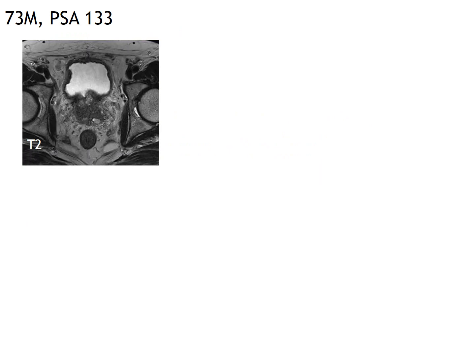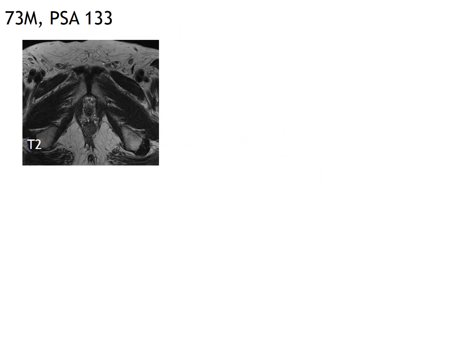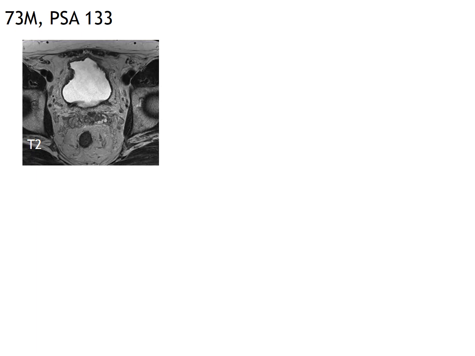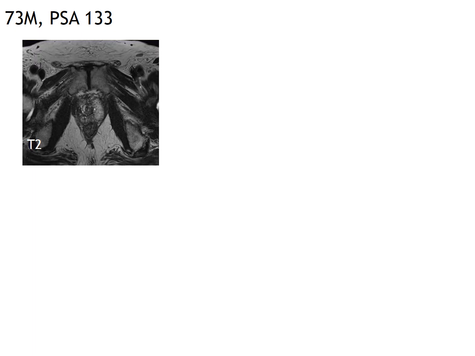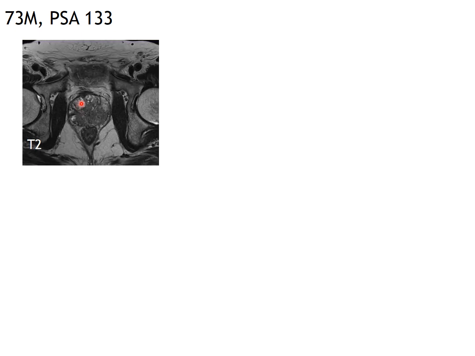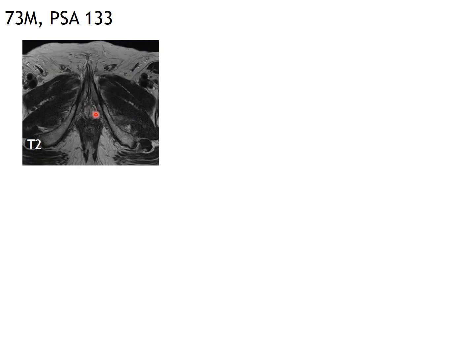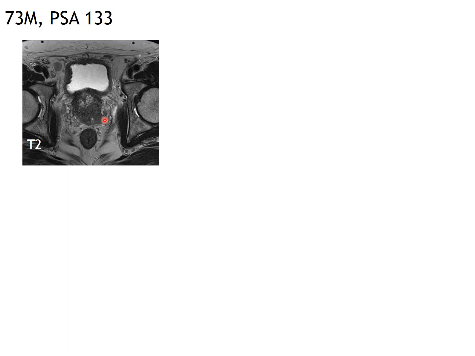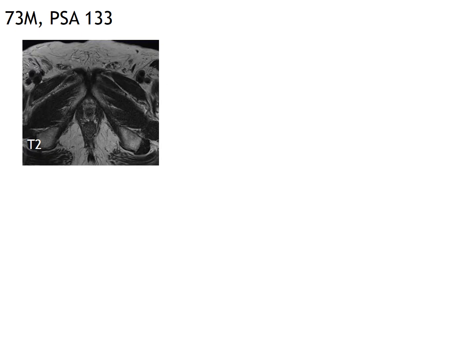This is a 73-year-old man with very high PSA. These are T2 weighted images in axial plane, and you can see ill-defined low-intensity lesions in the prostate and left seminal vesicle. Also, you can see multiple lymph nodes here and here.